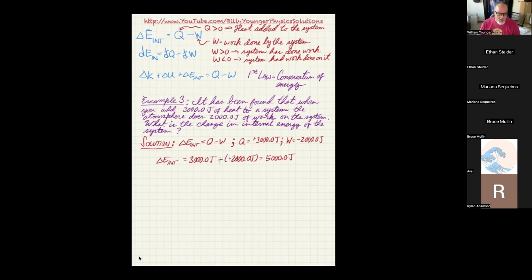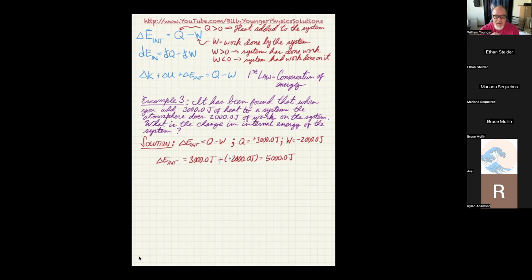Now, your book does a very similar example called Exercise E. If I make it similar to my own problem, then I'd say, what would be the internal energy change in this example if the 3,000 joules of heat is added to the system and the 2,000 joules of work was done by the system?